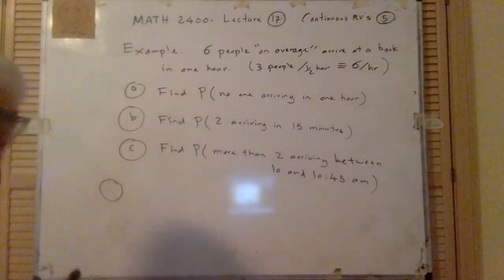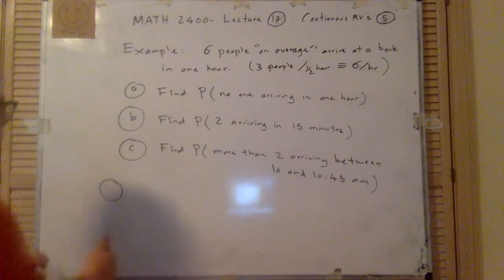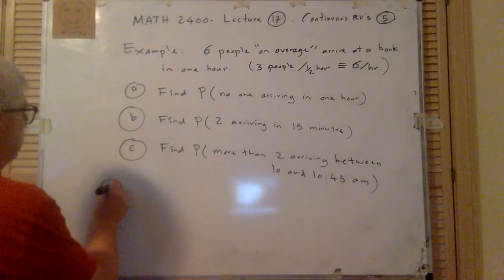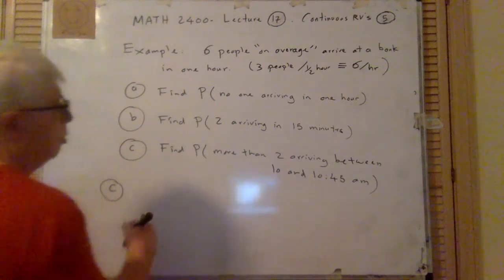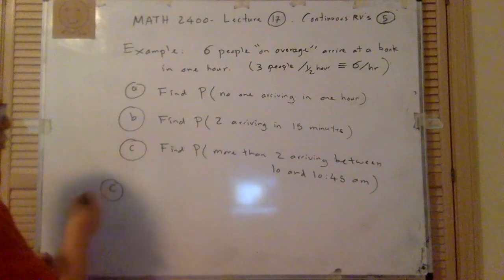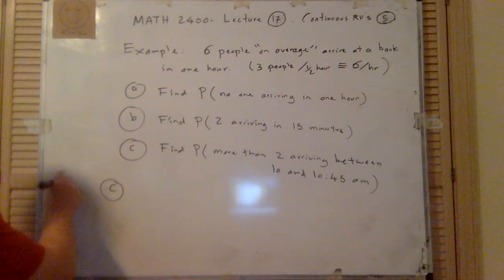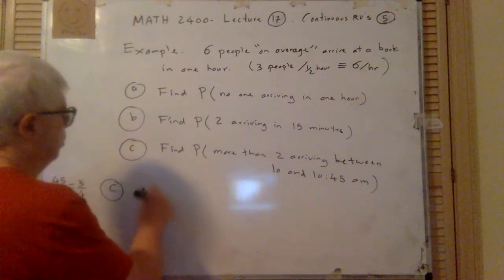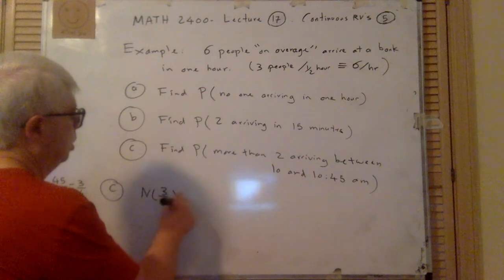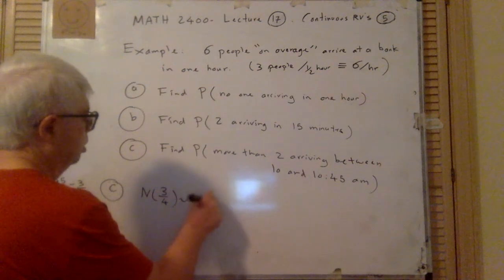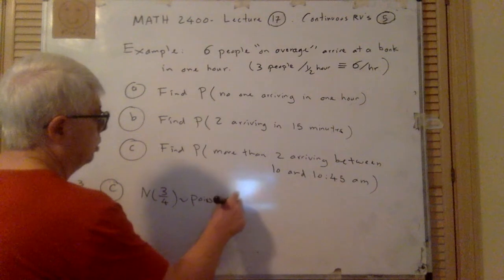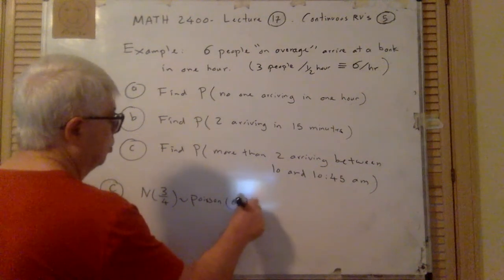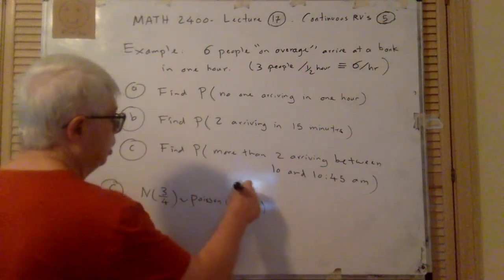C is P of more than 2 arrive between 10 and 10:45, that's 45 minutes. So 45 over 60, that is 3/4. So we are dealing with N of 3/4, and that is Poisson of 6 times 3/4. That's lambda t again.